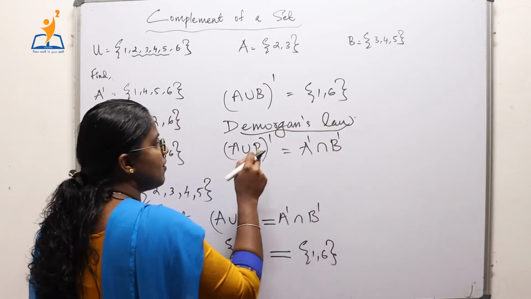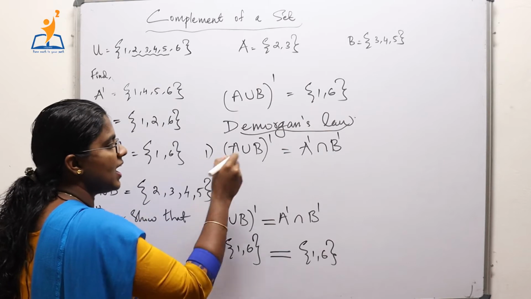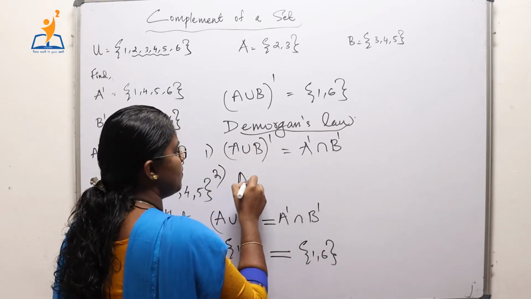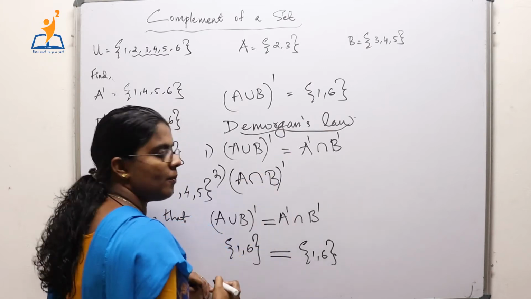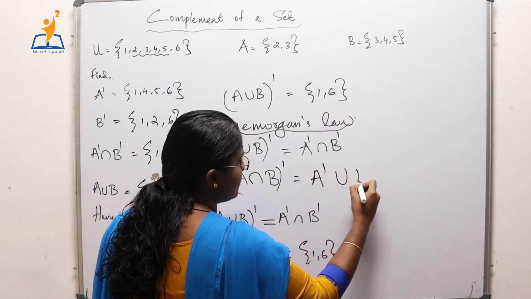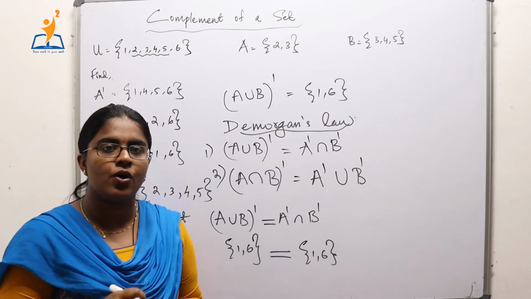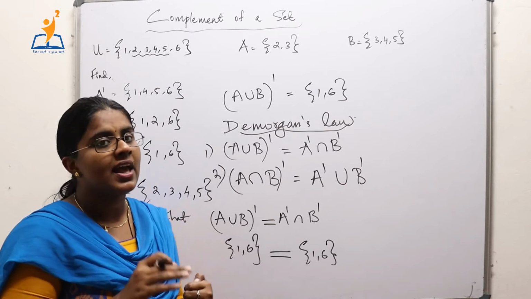So we have two properties given by De Morgan: A union B complement is equal to A complement intersection B complement, and A intersection B the whole complement is equal to A complement union B complement. So always remember De Morgan's law. Always we will have questions from De Morgan's law in our exams.